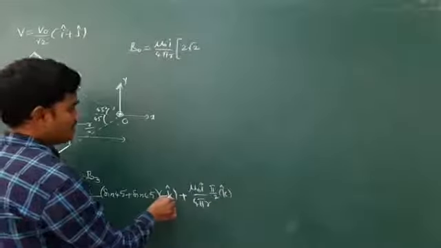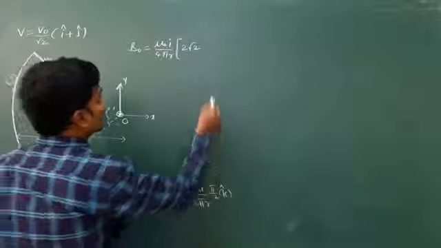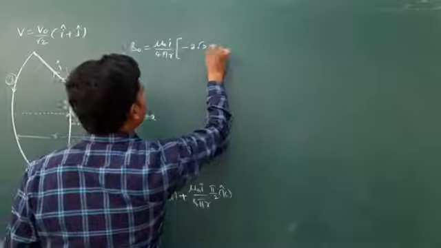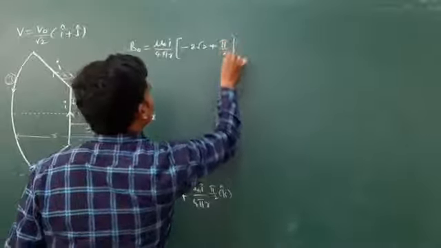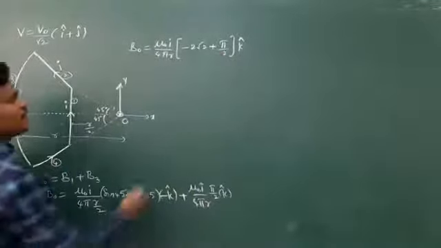Okay, minus k cap. And mu naught I by 4, this is pi by 2. So minus 2 root 2 k cap plus pi by 2 k cap. Just multiply and simplify it.